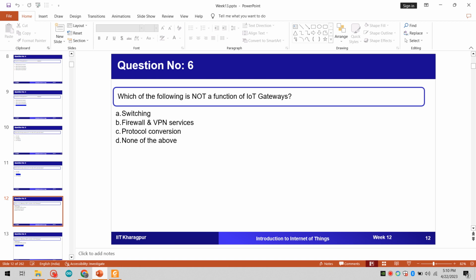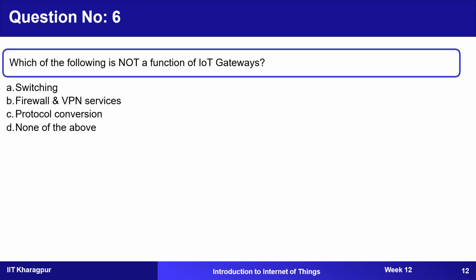Okay, anyone else? So basically all these three, that is switching, firewall and VPN services, and protocol conversion, are all functions of IoT gateways. So the correct option for this is none of the above.